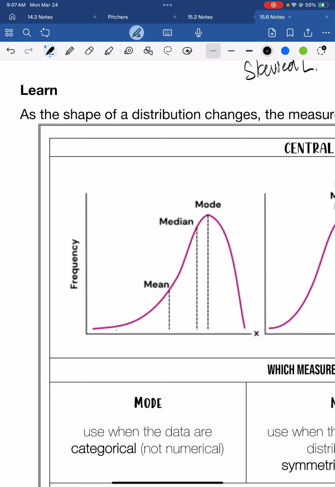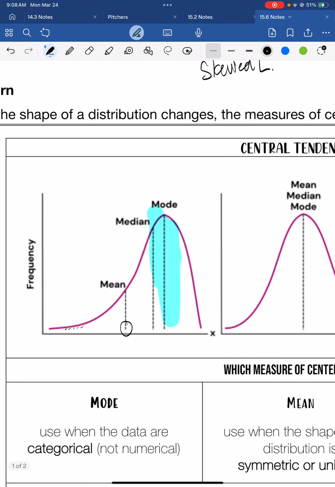But since we have some numbers down here, it's going to drag our average, which again, mean means average, way down here. So sometimes we don't want to use mean to represent our data, because most of our data is here and our mean is way down here. That's not really a good representation.